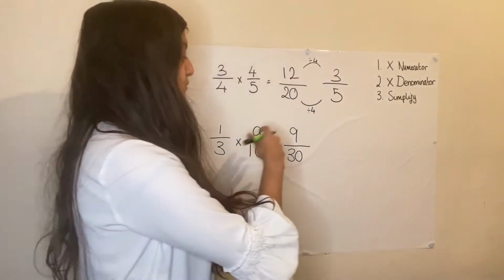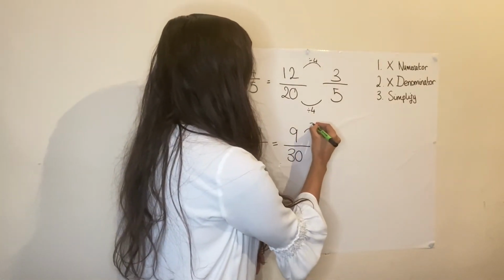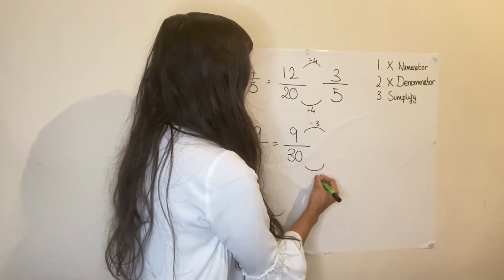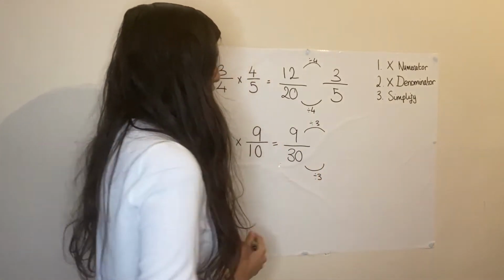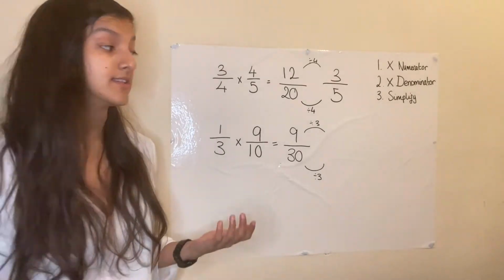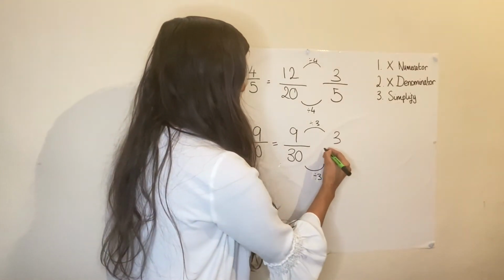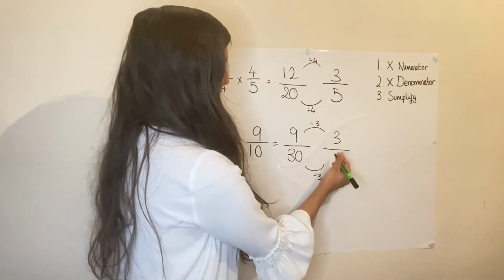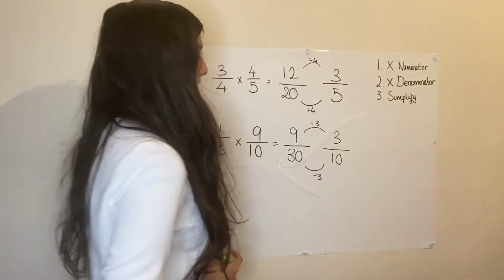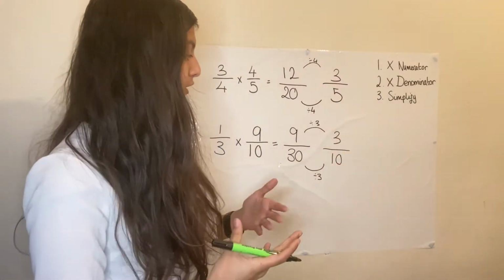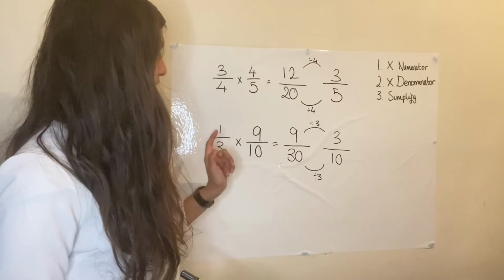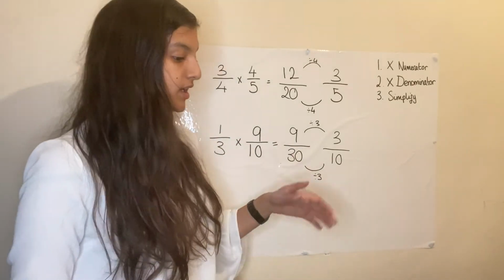So I'm going to divide my numerator by 3 and divide my denominator by 3. So 9 divided by 3 is 3. And 30 divided by 3 is 10. I can't simplify 3/10 any further. So that tells me that 1/3 times 9/10 equals 3/10.